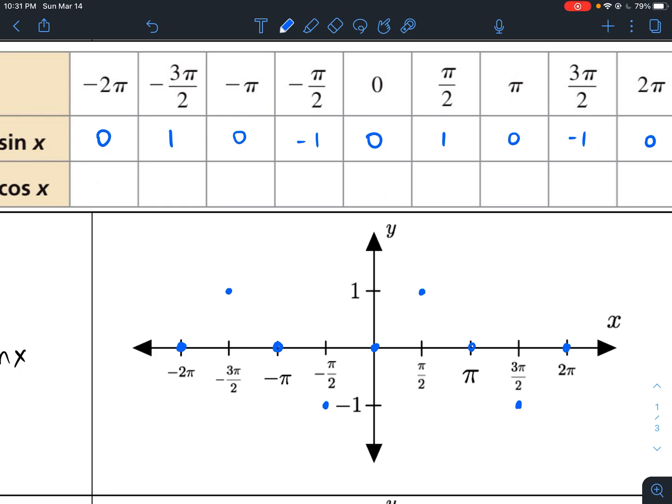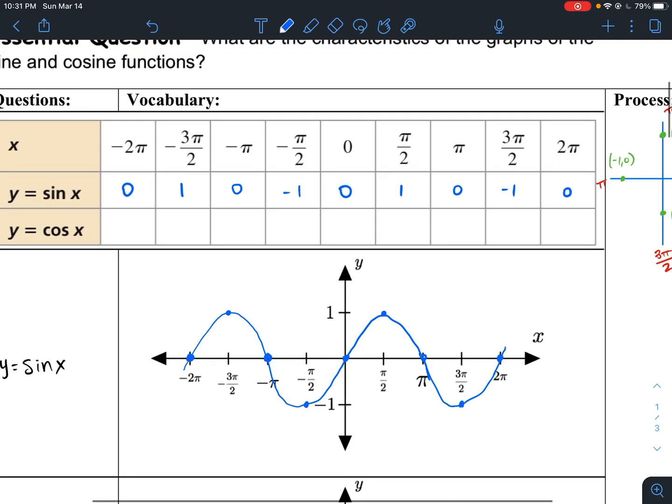So here, the sine function goes up, but then comes back down, and then comes back up, and comes back down, and then it comes down and comes back up like that. And you can see that it continues this pattern.